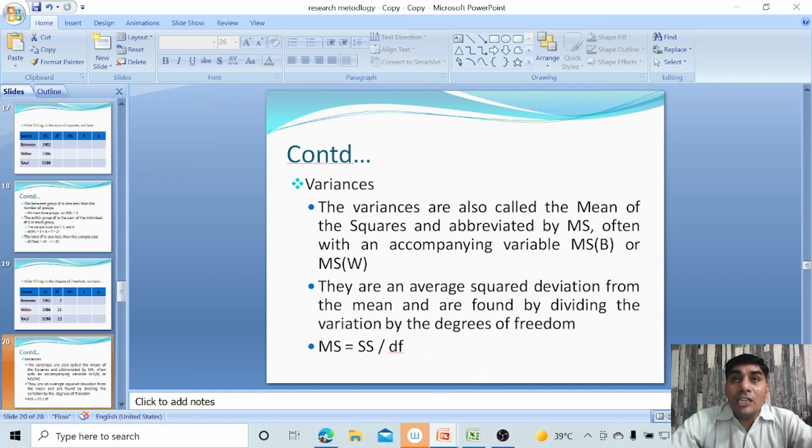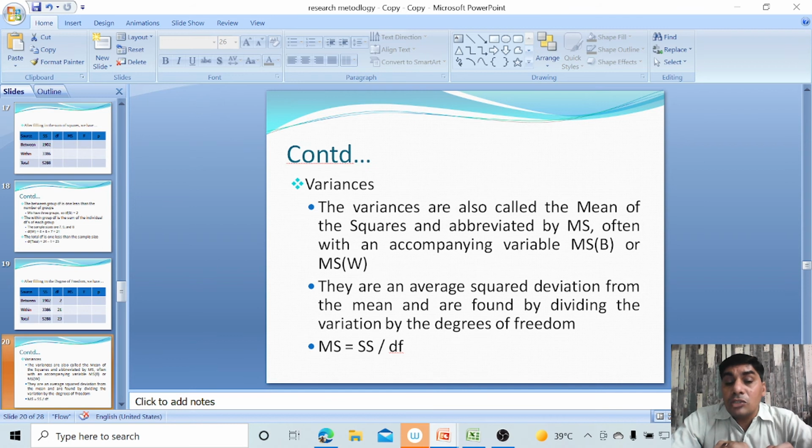That means the mean of the squares between the groups and the mean of the squares within the groups. MSB is between the groups and MSW is within the groups.